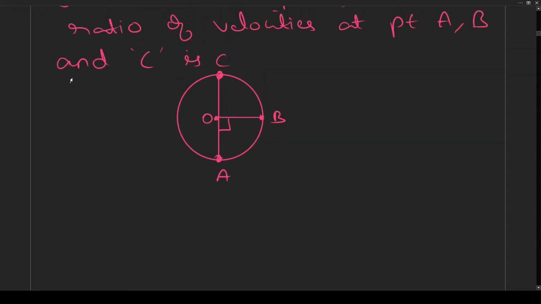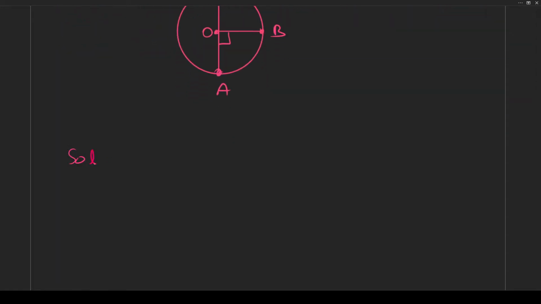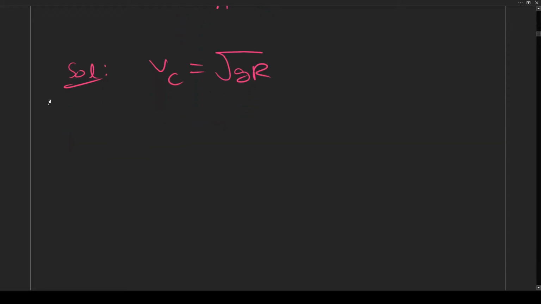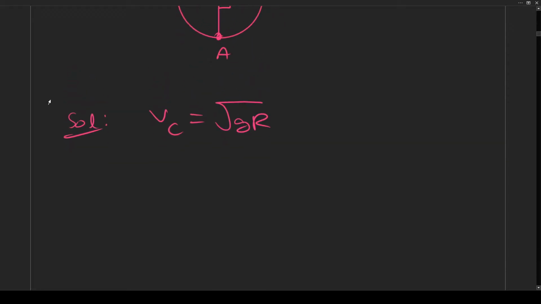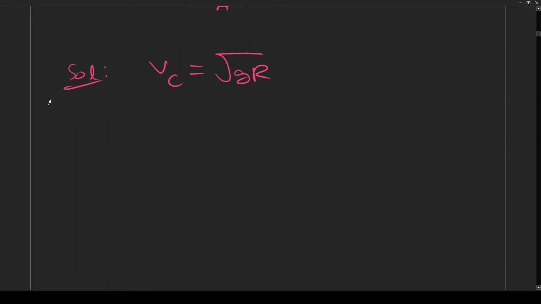Okay, basically we know that critical velocity VC is equal to root of gr, where r is the radius of the circle of the path.